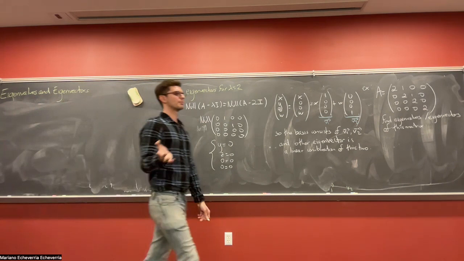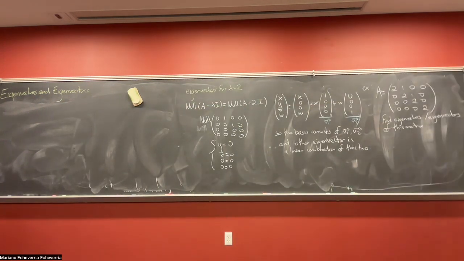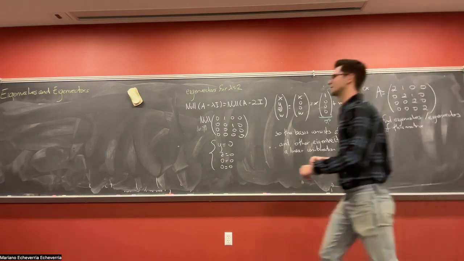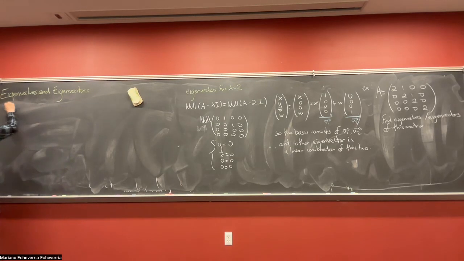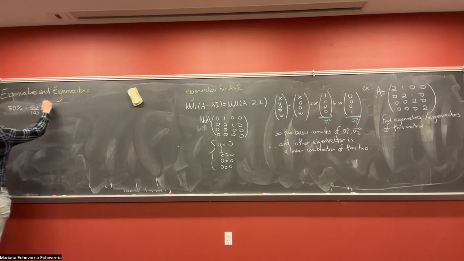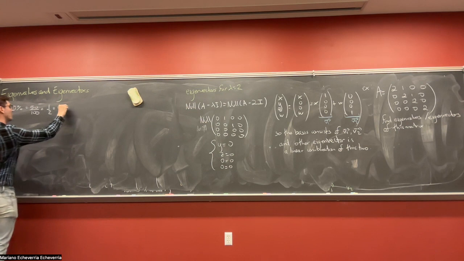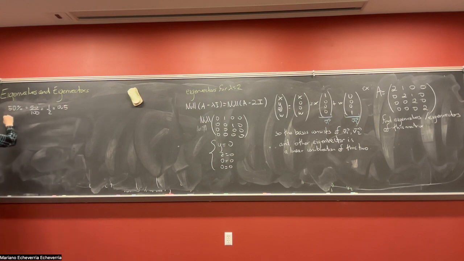Many times probabilities are given as percentages, and it's easy to turn them into numbers between 0 and 1. That's more convenient for a mathematician. If you say 50%, you can think of it as 50 over 100, which is 1/2, or 0.5. The same with 10%, that would be 0.1.